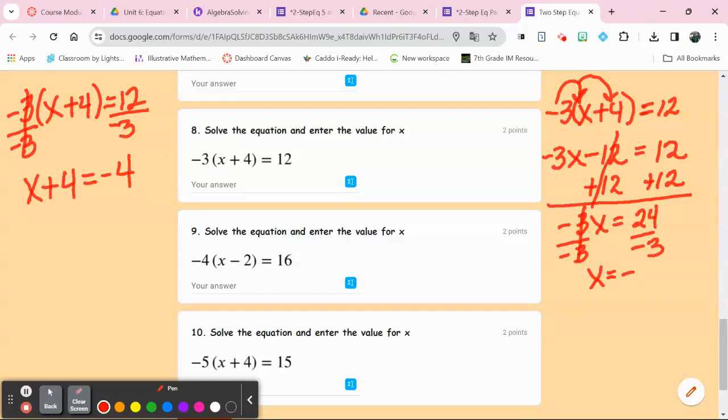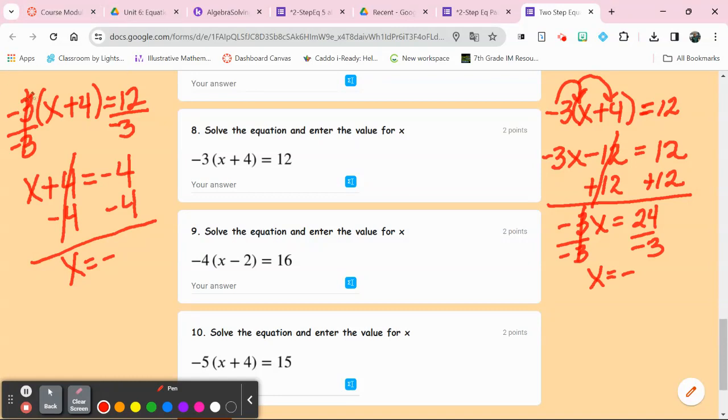Again, I'm not going to get 0. Okay, the opposite of a positive 4 is a negative 4 to both sides. That does not give me 0, people. Same sign, keep the sign, add the numbers. I'm letting you finish that because I want to see you do some of these.